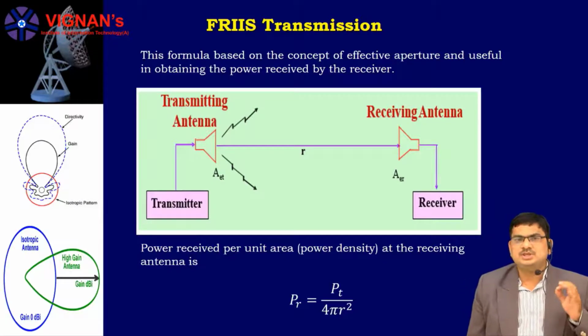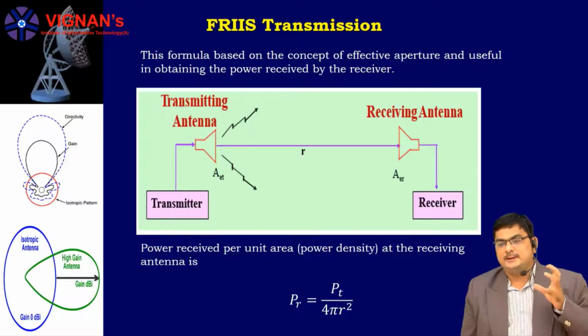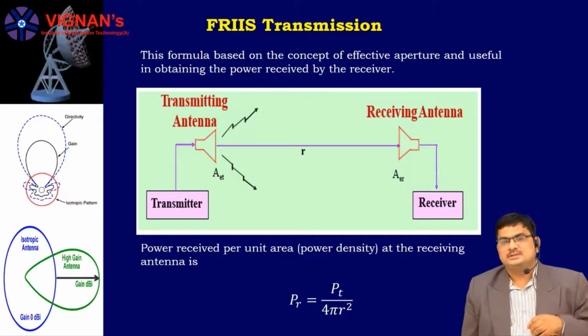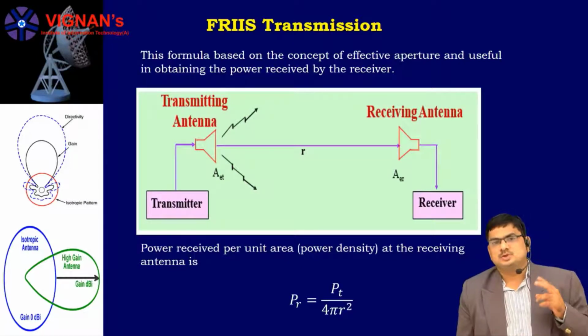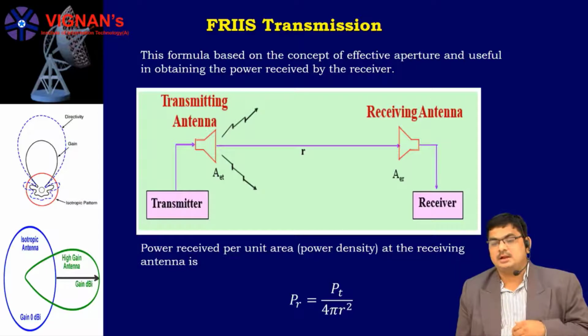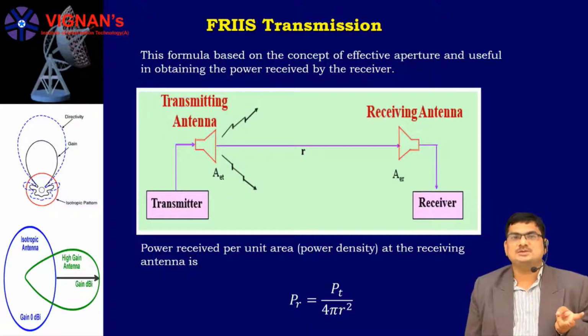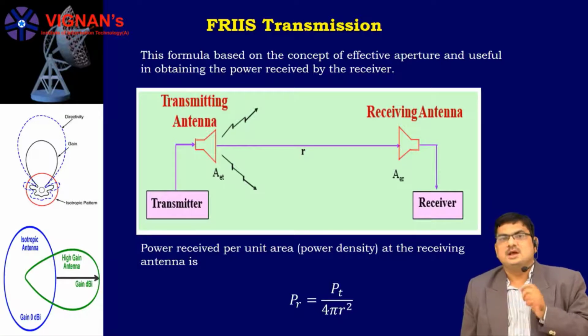This formula is based on your effective aperture and is useful in obtaining the power received by an antenna. In this figure, there is one transmitter section and another receiver section, and we have two antennas: the transmitting antenna and the receiving antenna.